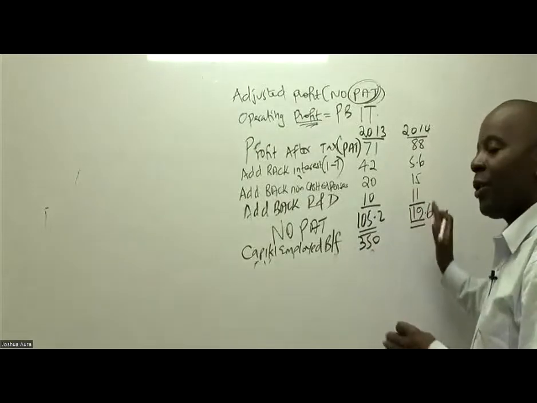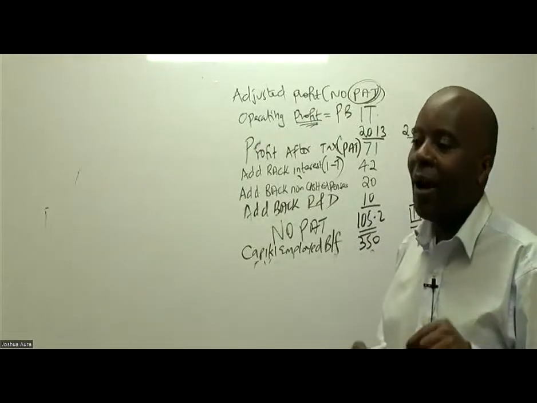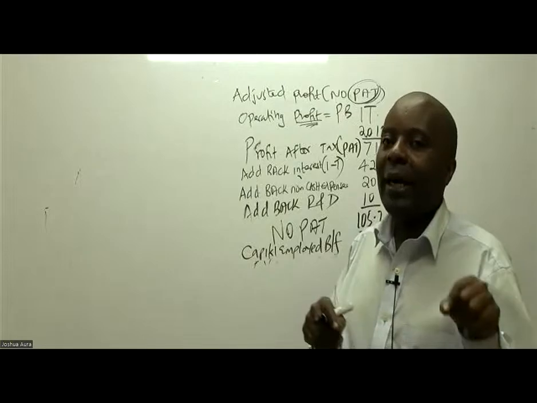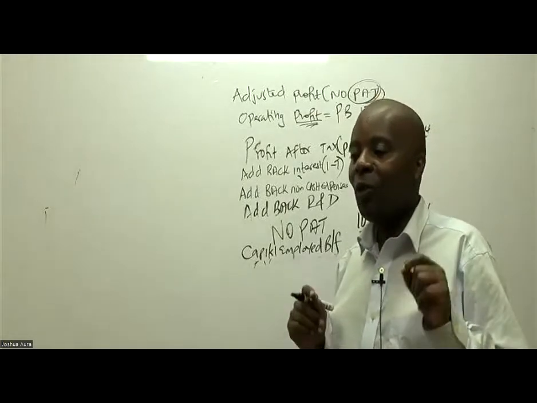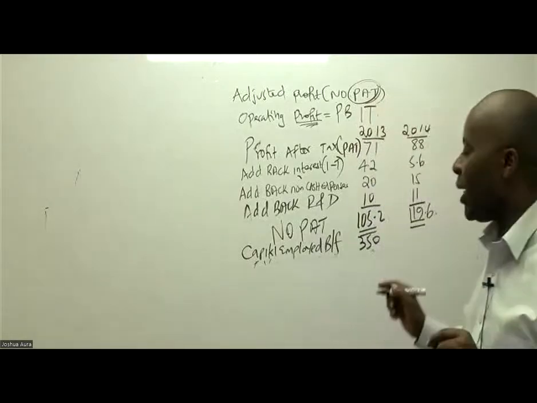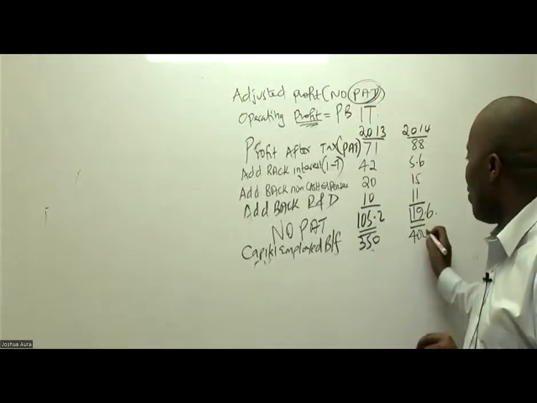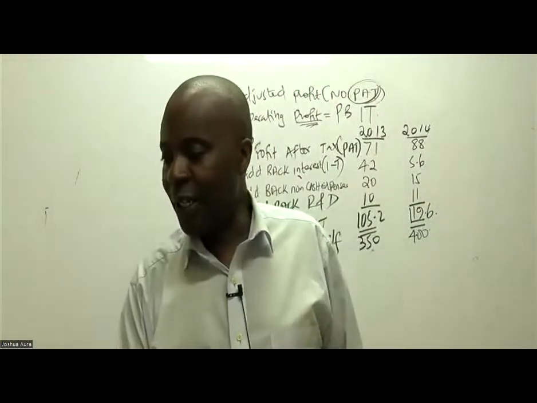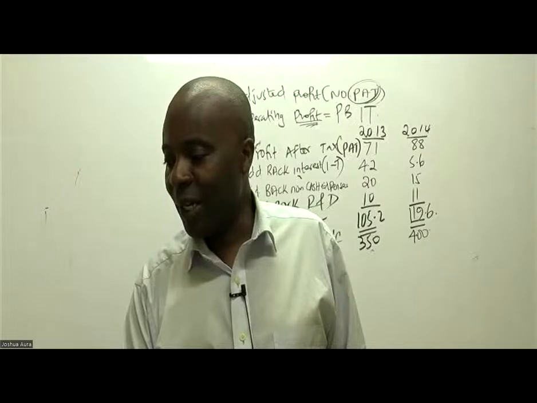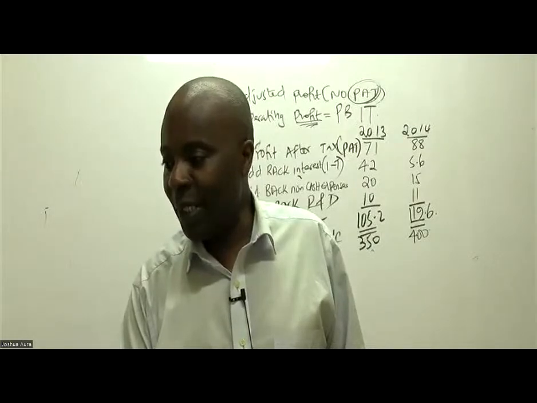Yes. So 2014 capital employed at the beginning must have been the capital employed at the end of 2013, which in this case, you guys are right, is 400. You're right, 400. Great. Let me repeat this figure.